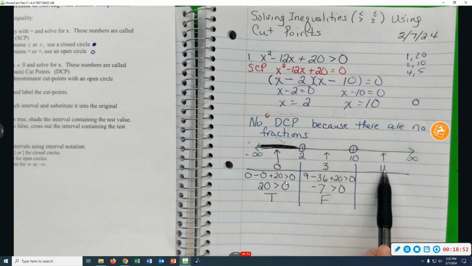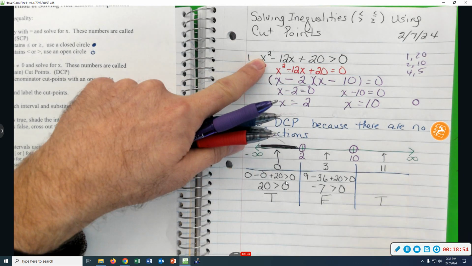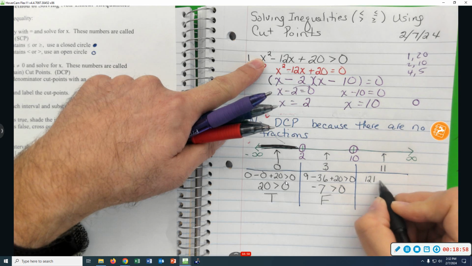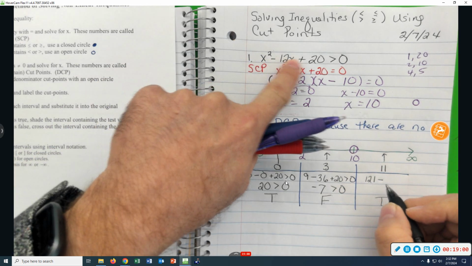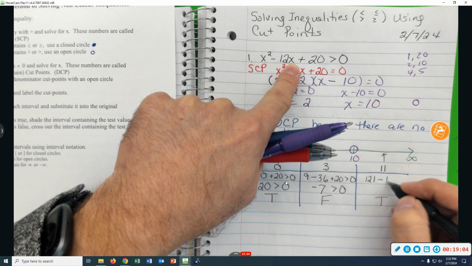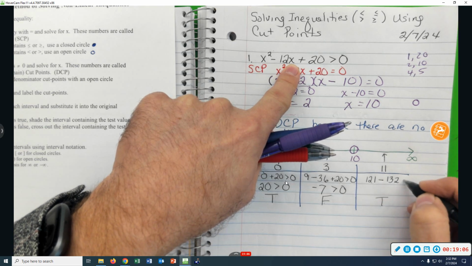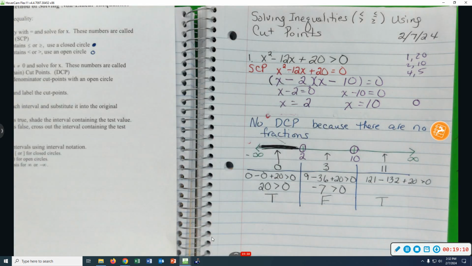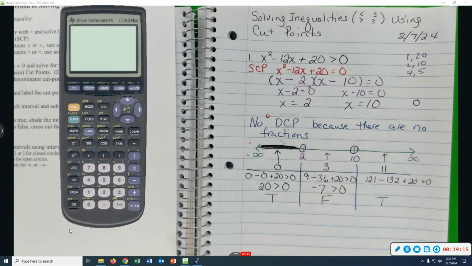So I guessed correctly. It was false. Now plug an 11 in. 11 times 11, that's 121, minus 12 times 11. Oh, what's that? 132? Plus 20 is greater than 0. I'm doing this by hand up here, but most of y'all are probably doing it with a calculator.